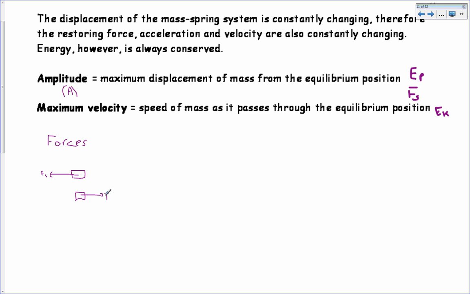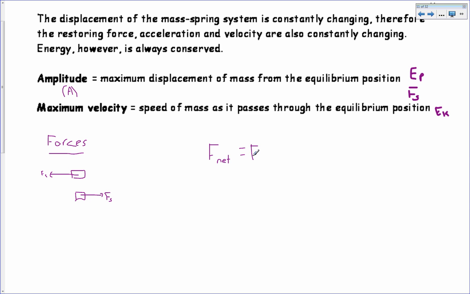When we're not dealing with friction, the only force we have here is our restoring force, which is considered an applied force. So in terms of forces, what we have is that restoring force, or F net, equals Fs.